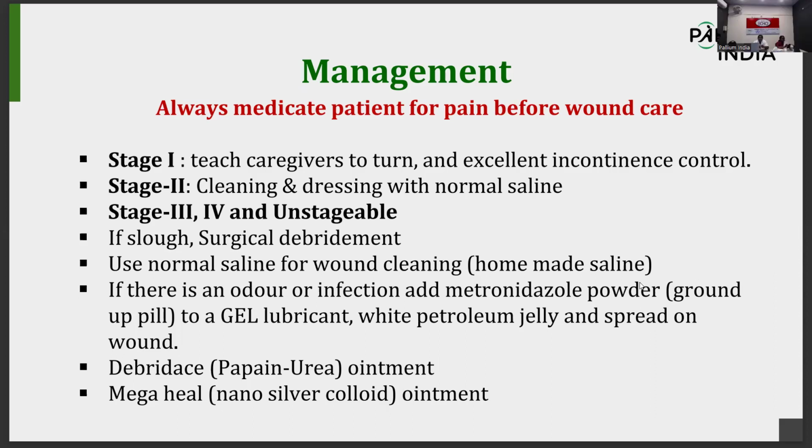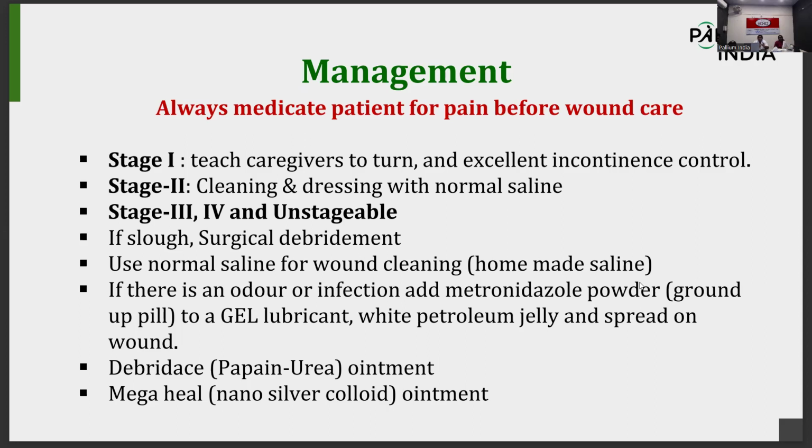And another one: sometimes while we are removing the slough, a bad odor will be there. For reducing the bad odor and infection, we add metronidazole powder, mix it with white petroleum jelly and spread it over the wound to reduce the odor and infection.